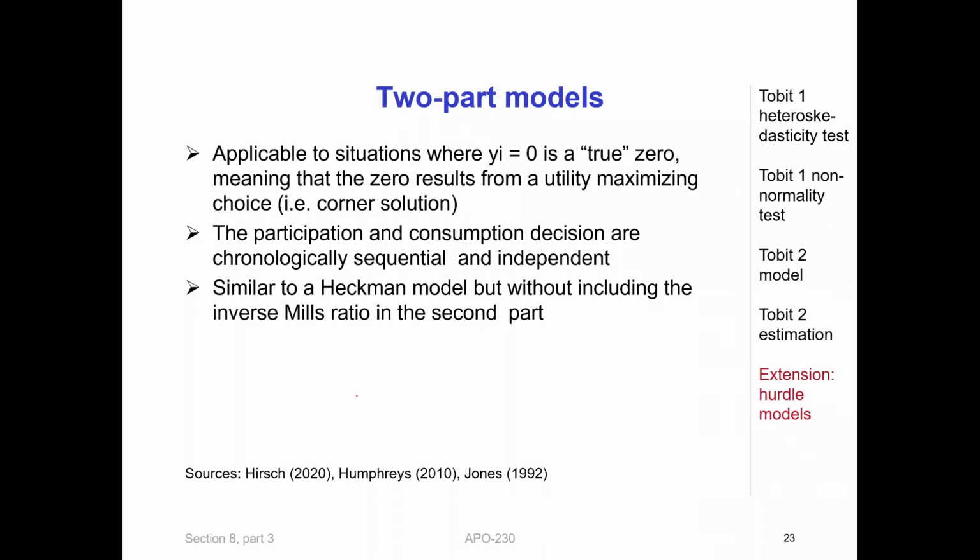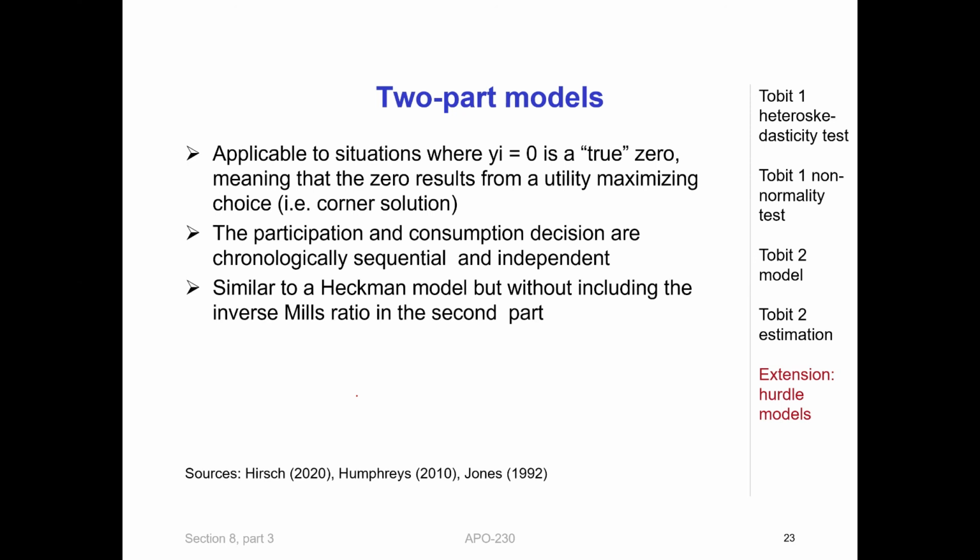The last type of model that I would like to introduce to you is called a two-part model. It was actually not new to you. I think earlier we talked about that already. And again, it's a model to apply for the situation where you have true zeros, so corner solutions. It's similar to the Cragg model in the sense that the decisions are sequential and independent, meaning there's no correlation between the error terms of the two latent variables.